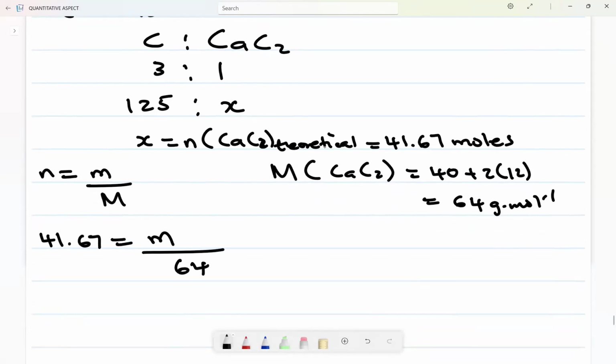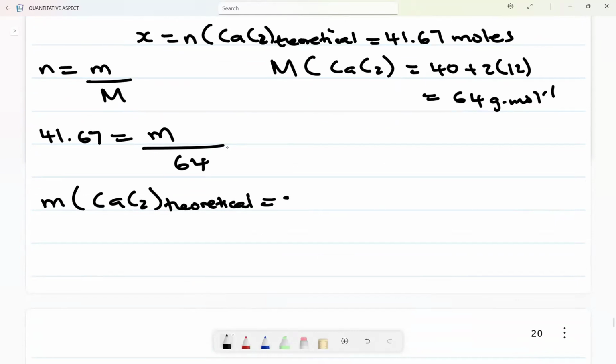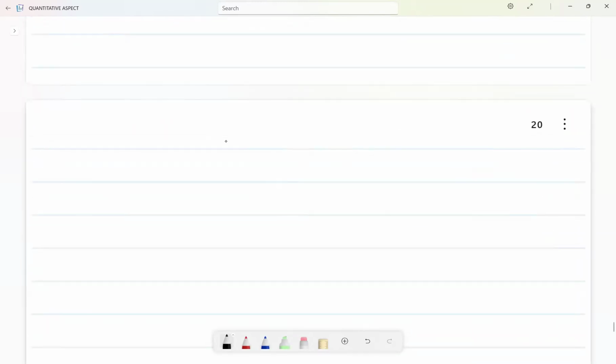Molar mass is 64. Theoretically, the one that we actually calculate is going to be 41.67 times 64. Then it gives me something like 2666.88 grams.